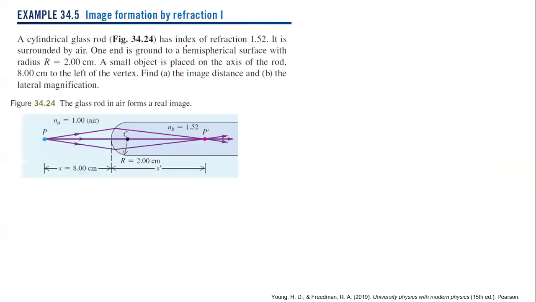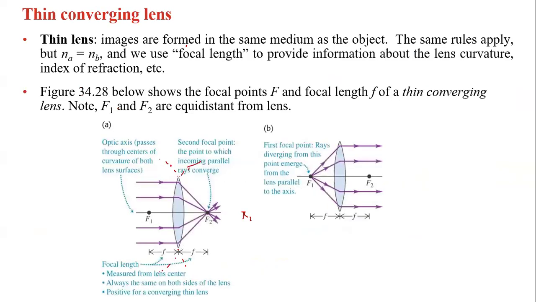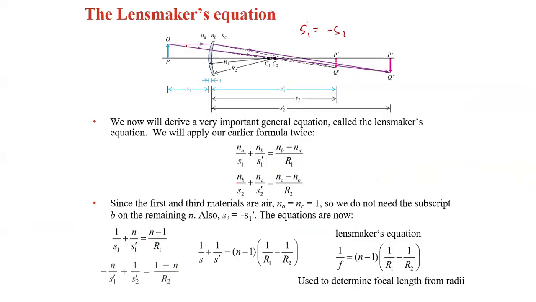Since we treat this as our object now, it is not on the same side as the incoming light. So this is negative and it is equal to s1 prime. That's what we get here.